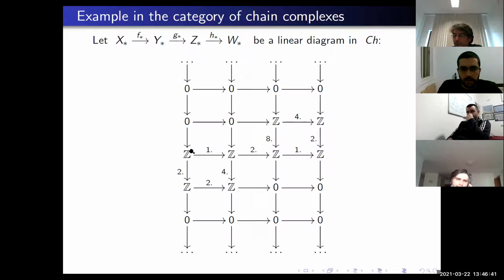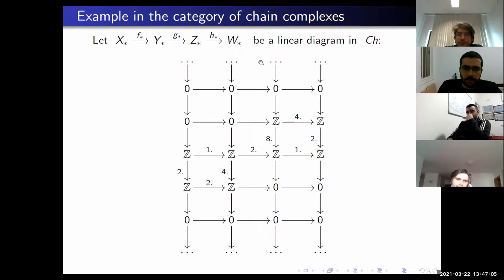We can choose here 0 and 1, and this will be a null homotopy for this composition. And here one can choose 1, 2, and here 0. So it's a null homotopy for the other composition.